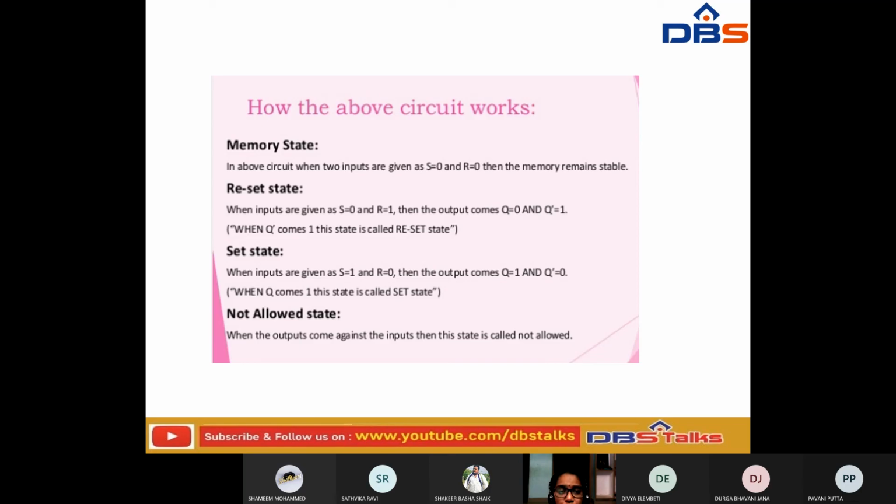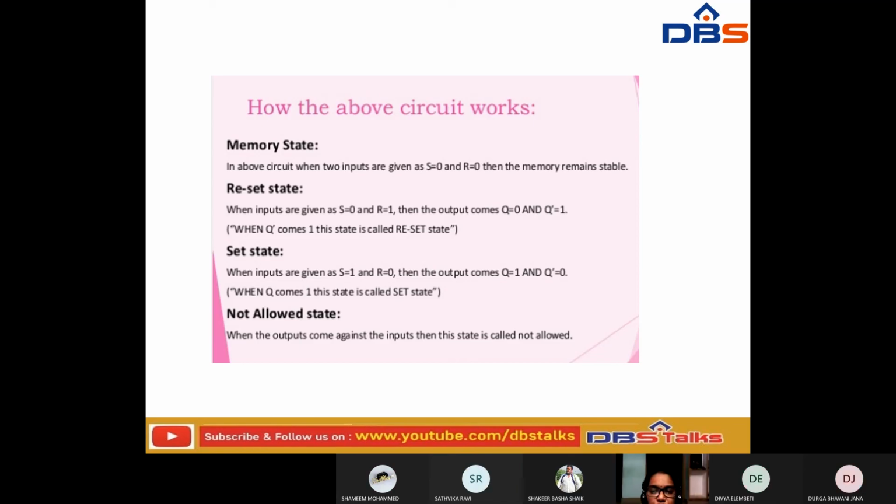When Q dash becomes 1, this state is called the reset state. Then what is the set state? When the input is S equal to 1 and R equal to 0, the output is Q equal to 1 and Q dash equal to 0. When Q is 1, this state is said to be the set state. Then what is the not allowed state? When both outputs come against the inputs, then the inputs are not allowed.